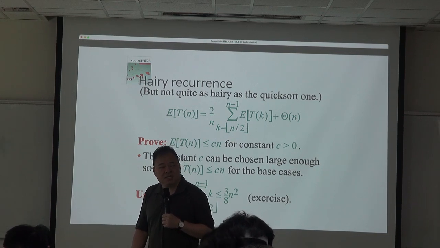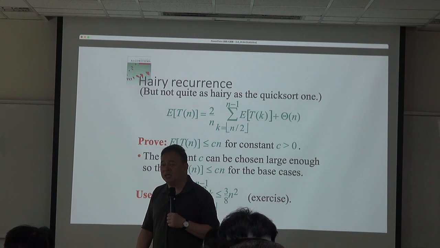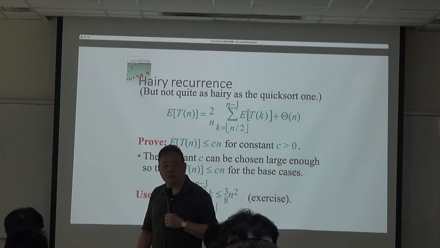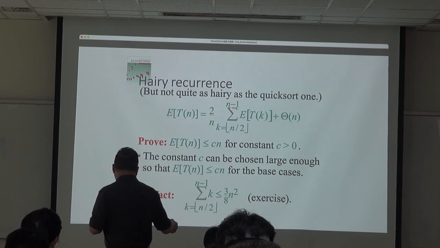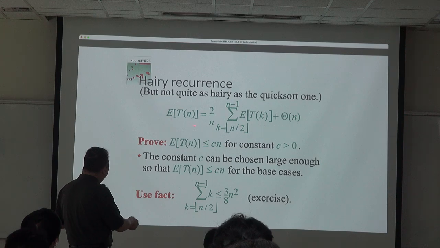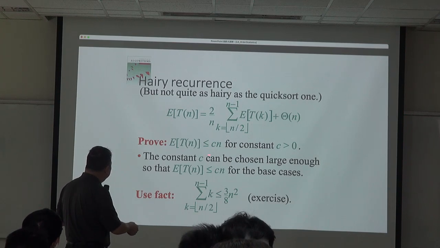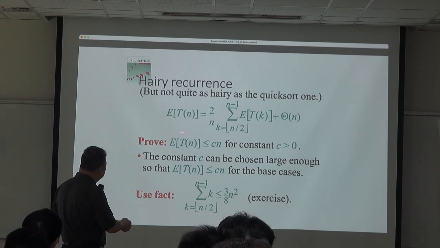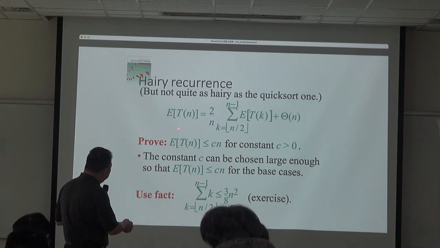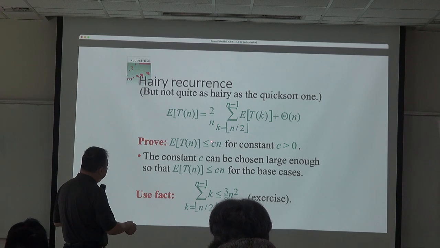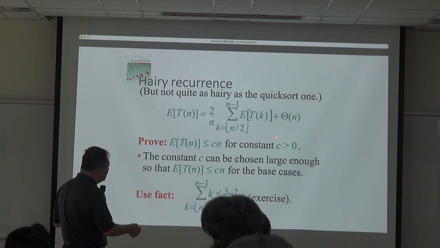Remember that? And I did ask you that question in the homework assignment. Similarly, now what we want to prove is that this thing is going to be linear. So E of T of n is going to be smaller or equal to Cn for a constant C greater than 0.